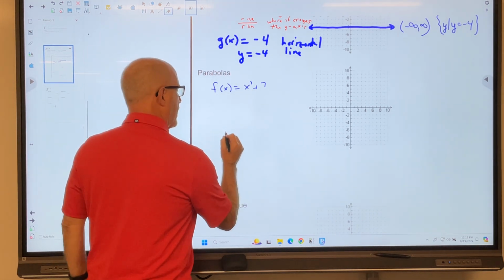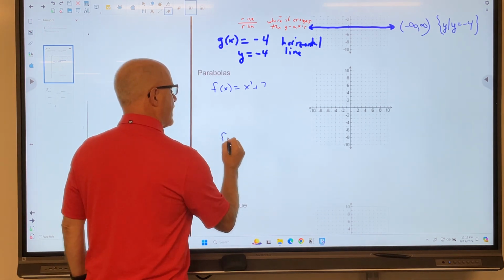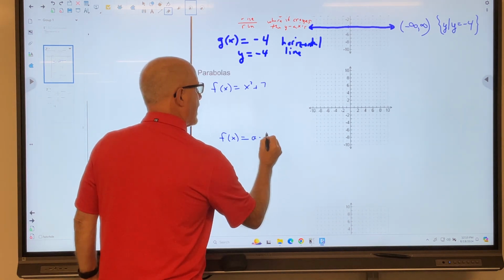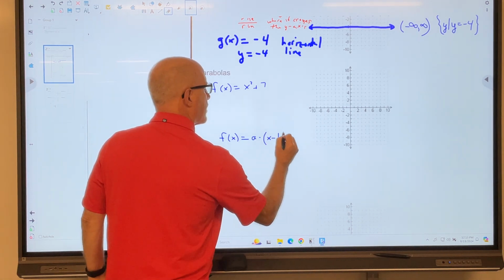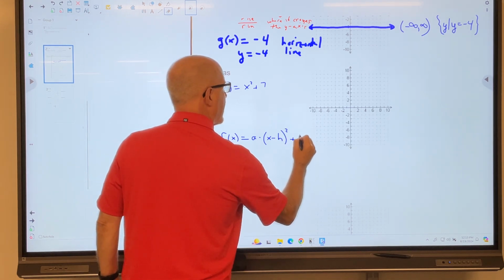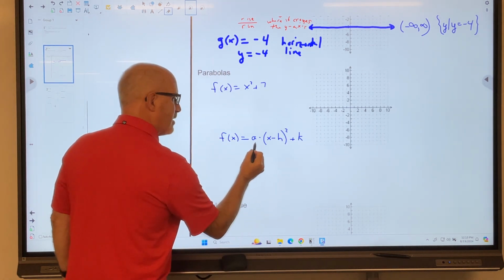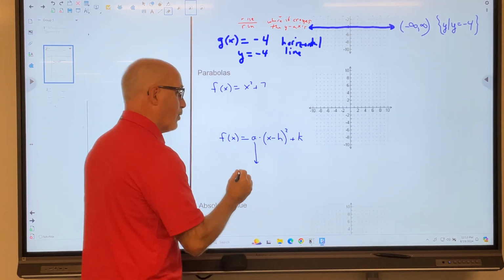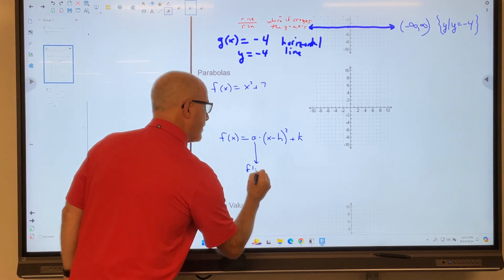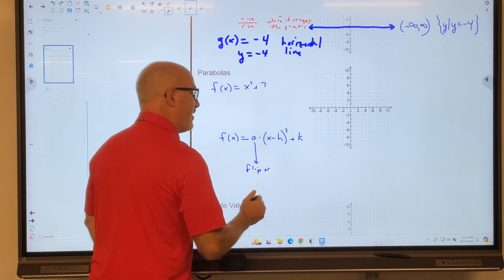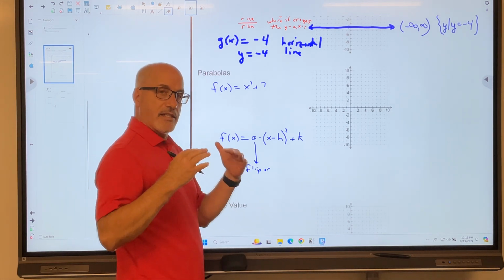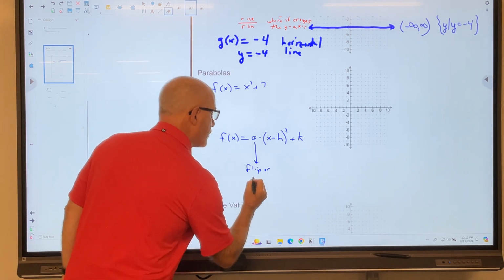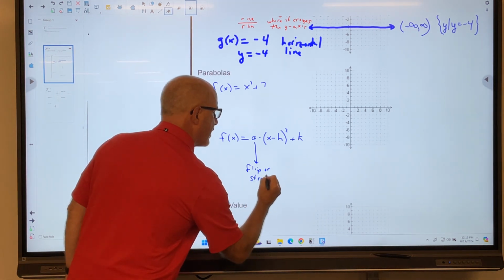The general look of a parabola is f of x equals a times x minus h quantity squared plus k. And if you remember this number a, first of all, if it's negative, it will flip it. If it's a different number, like a 7 or a 9 or a negative 3, it will also stretch it vertically.